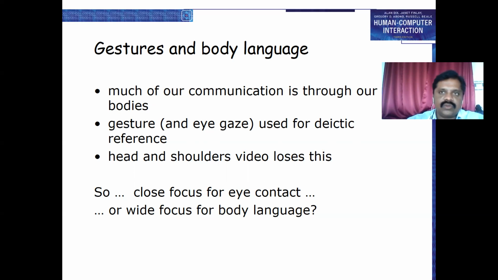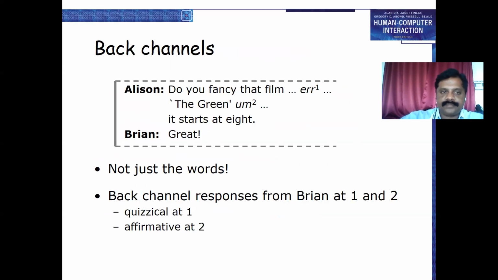When you communicate online, they may not know what you are doing there and what your real feeling is, whether you are really interested in interacting with that person or are just interacting for the sake of it. So this is gesture and body language.